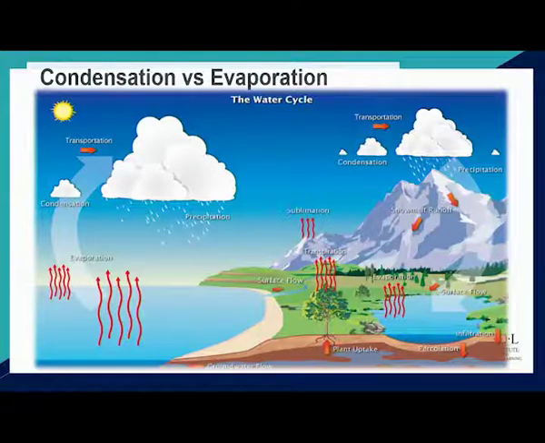That change of state results in the formation of clouds after condensation. After some time you experience what is regarded as precipitation: rain, hail, and whatnot.